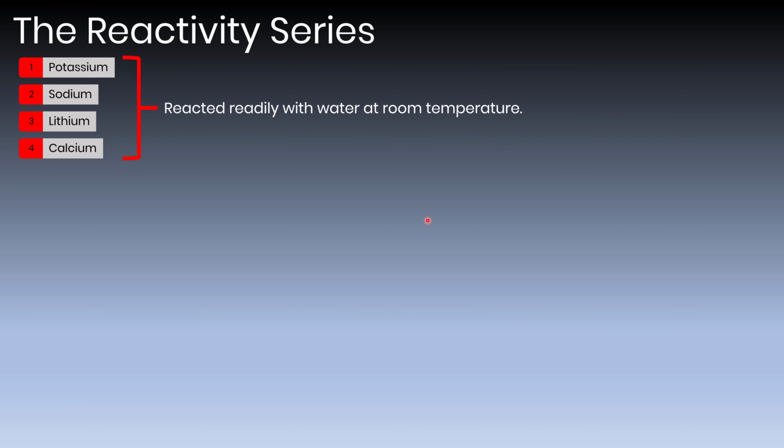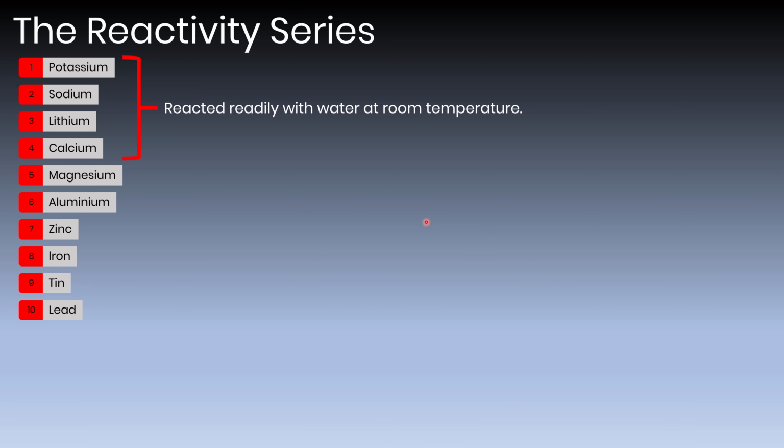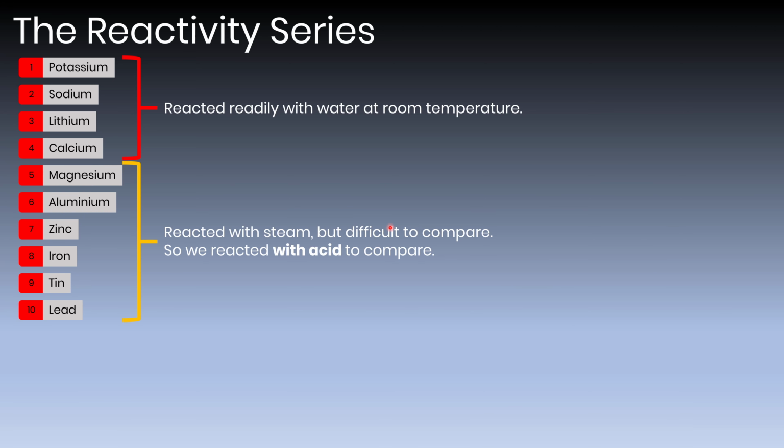The next set was as follows: magnesium, aluminium, zinc, iron, tin, and then lead. Now remember, these metals could be reacted with steam, but it was difficult to make any comparisons. So instead we compared them by reacting them with acid, and we counted the number of bubbles given off in 1 minute, or we timed how long it took for them to dissolve.